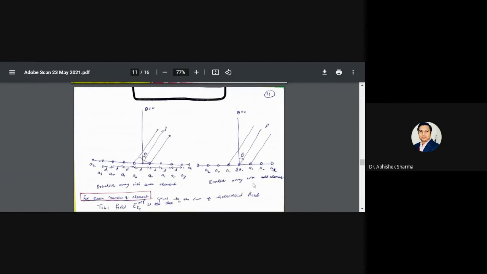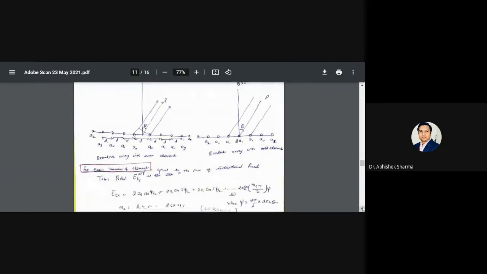So step 2 is to calculate the electric field at a far distance. For an even number of elements, that is ETE, it is equal to 2a0 cos of xi by 2 plus 2a1 cos of 3 xi by 2 plus so on up to 2ak cos of (ne minus 1) by 2 xi. Here ne means this is even, and N is the number of sources.